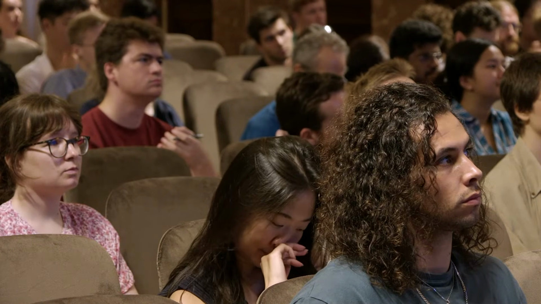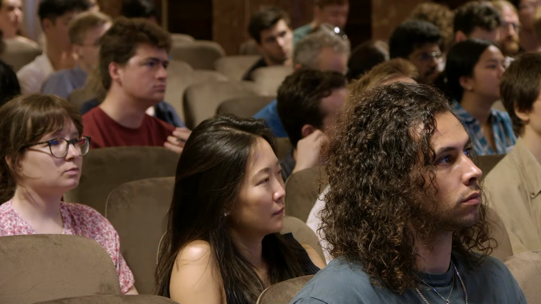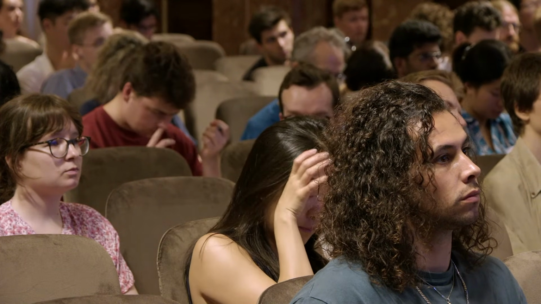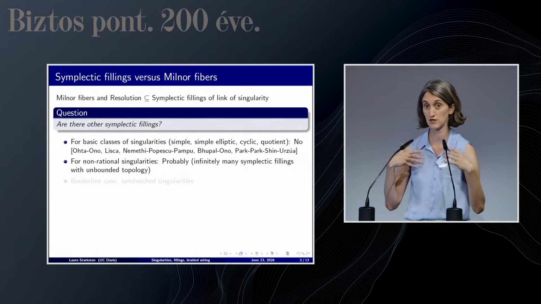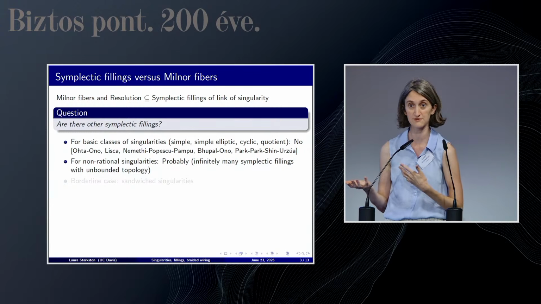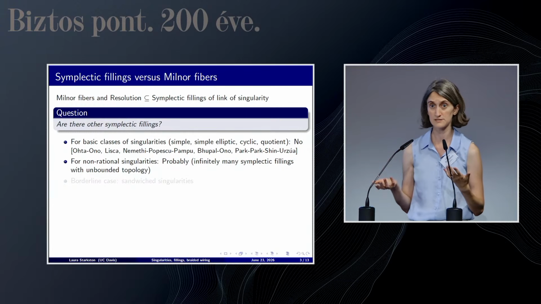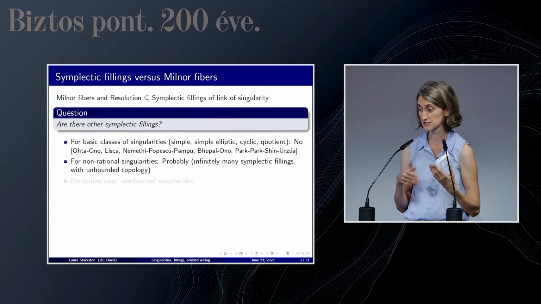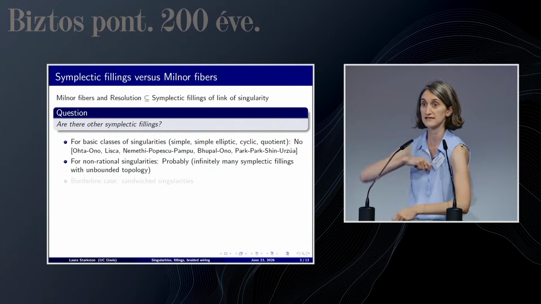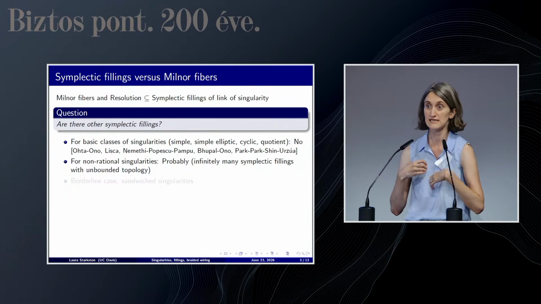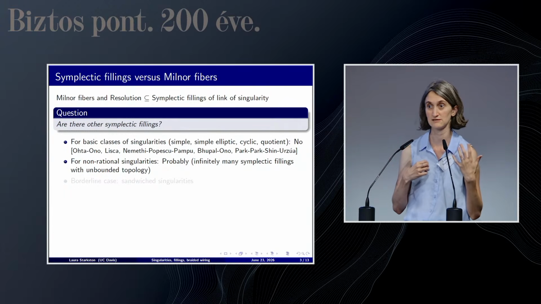For non-rational singularities, usually there are lots of examples where you can find symplectic fillings which can't be Milnor fibers, with maybe some topological invariants that give obstructions. There's also lots of examples where you can find infinitely many symplectic fillings, and the general expectation is there should only be finitely many Milnor fibers.